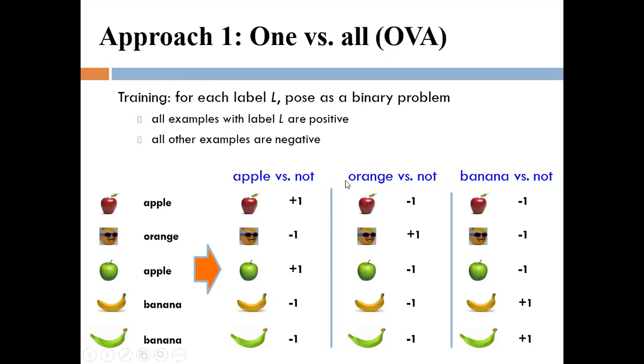The second performs the classification of orange versus the rest of the fruits. And in the third binary classifier, the class label banana is the positive class versus the rest of the instances.